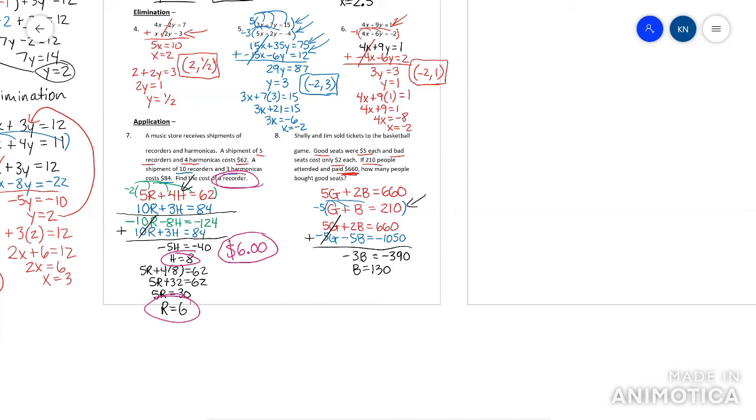I'm going to use this one, g plus b equals 210. So g plus b, which is 130, equals 210. Subtract 130, you get 80 for the good. So find out what they want. They want how many people bought good seats. That would be 80 people.